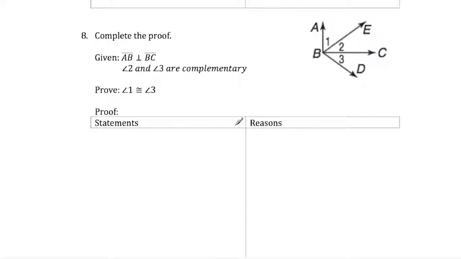And finally, we have another proof here. So what we want to do is we want to say our given statements first. So AB is perpendicular to BC, and angle 2 and angle 3 are complementary. And this is the given.